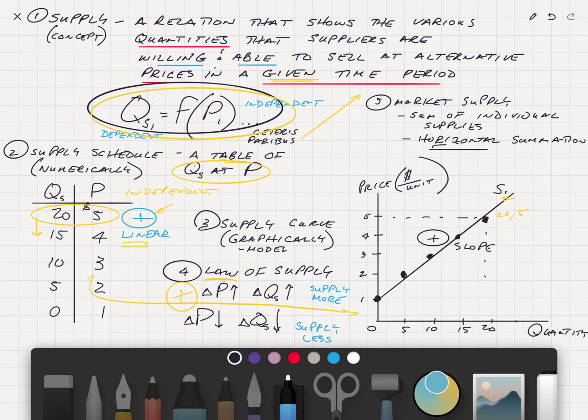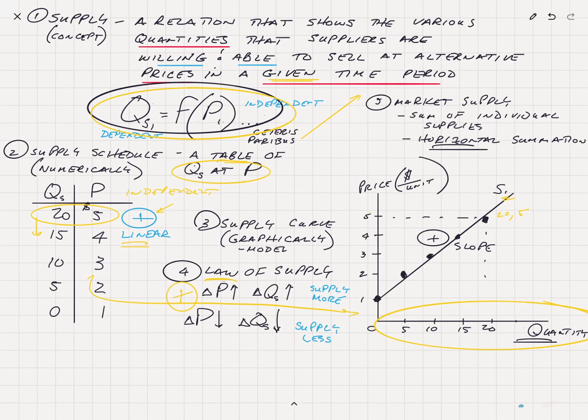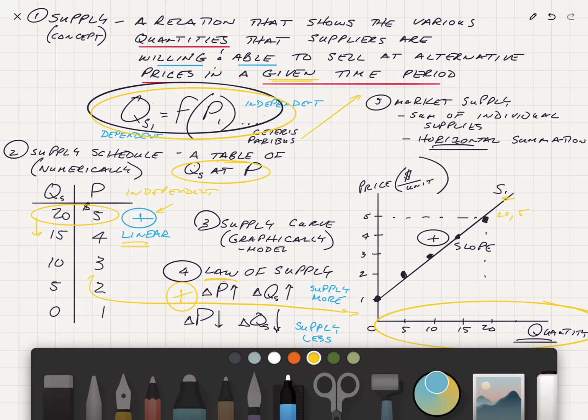This was the question that we talked about with the demand curve. Why do they call it horizontal summation? 1, 2, 3. Because the only things that you add are on the horizontal axis. You add quantities. Okay? Is everybody okay with that?